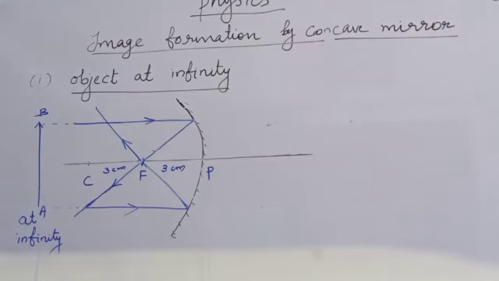Size of the image is very small, and it is a real and inverted image. Real and inverted image. These 3 are the characteristics of the image formed when the object is placed at infinity.